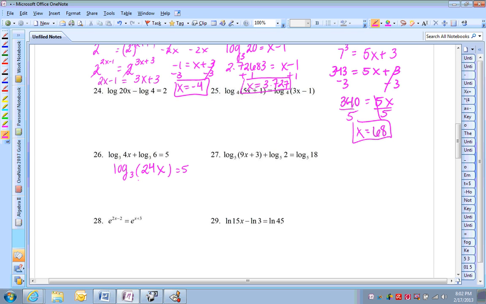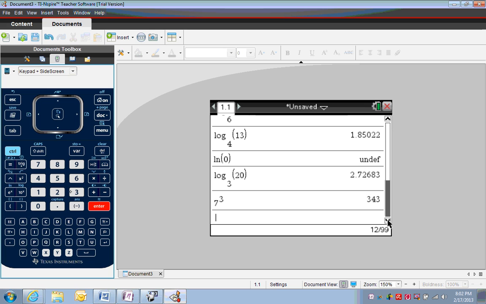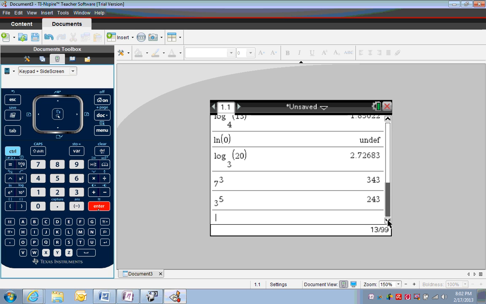And 4x times 6 becomes 24x. Now, since we have a logarithm on one side and we're solving for x, we're going to log roll it and convert it to an exponential. Always start with your base, pick up the other side, and then go back to the 24x. So we're going to write this as 3 raised to the 5th power equals 24x. Now, 3 raised to the 5th power, we type in our calculator, is 243.